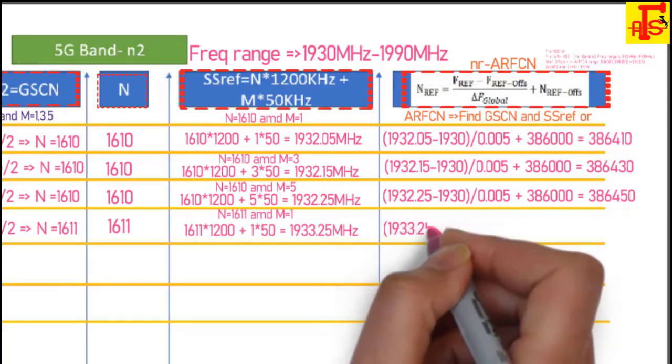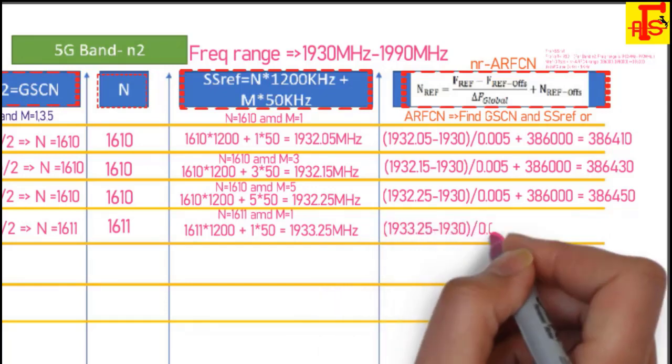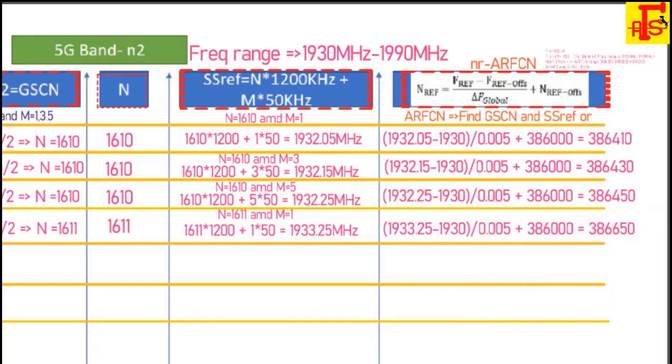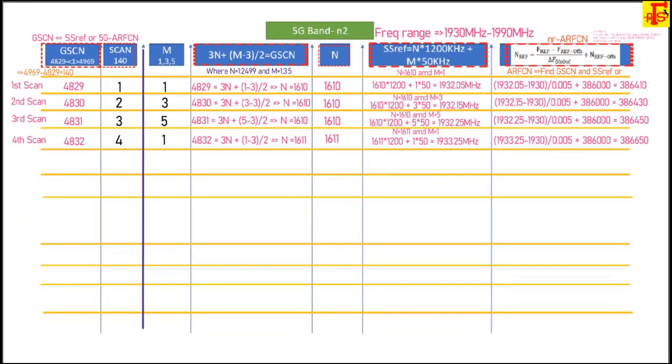So we'll put FREF, that is 1933.25, minus band first frequency, that is 1930, by 0.005 plus 386,000, that is ARFCN offset value. So 386,650. This is the fourth scan where also SSB is not located, right? So fourth scan, and now it will go for the fifth scan.